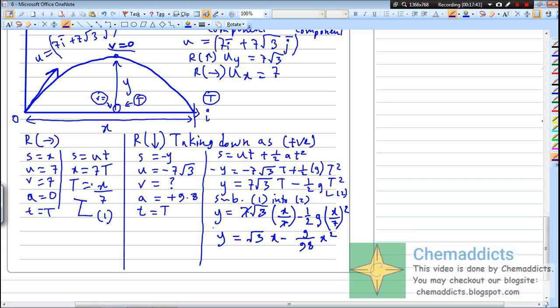This is how we show that y equals root 3x minus g by 98 x square.